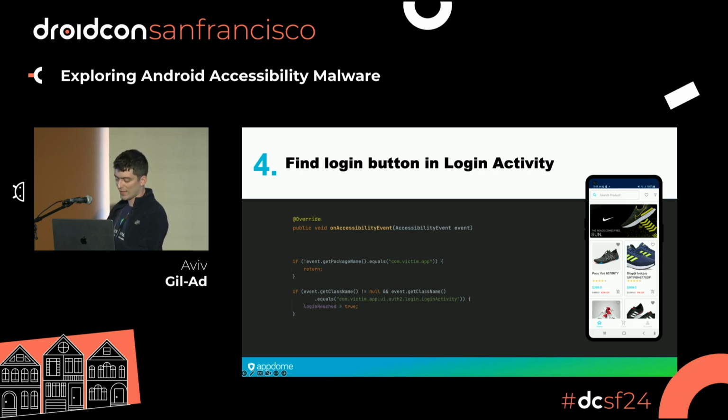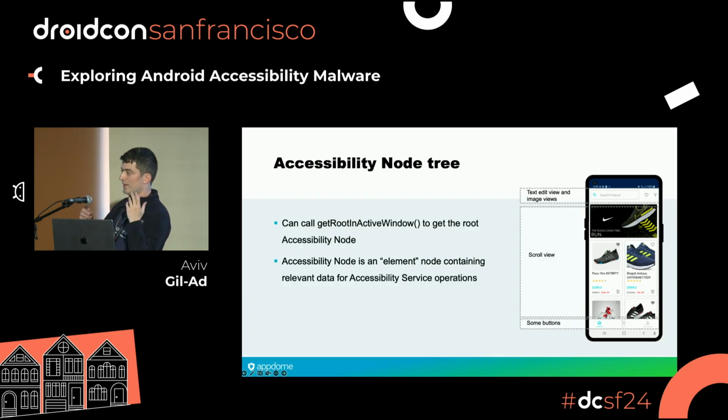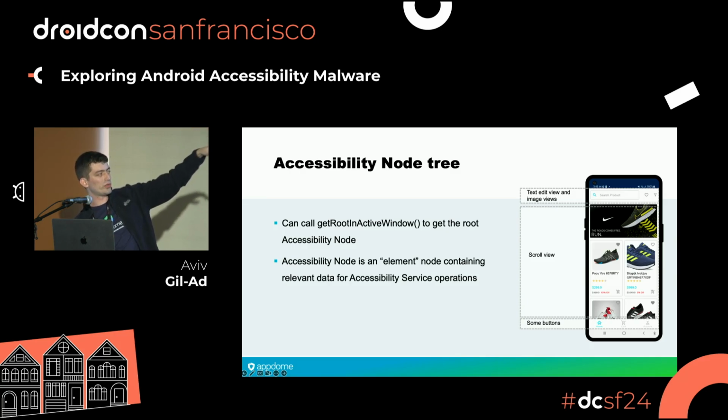Now, how do we do that? Accessibility services get something called an accessibility node tree. That's basically a tree of all the UI elements that's relevant for us. The button is here somewhere. In this case, it's probably in the sub-container of the lower row. You see the cart button there.